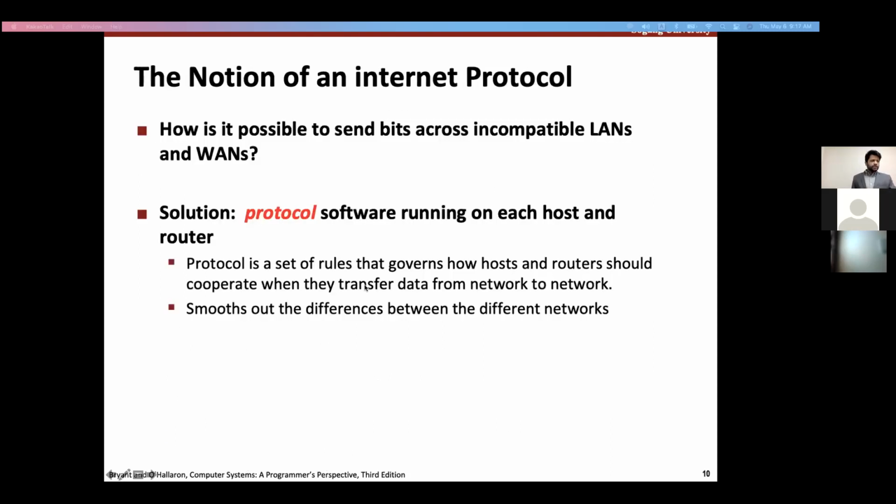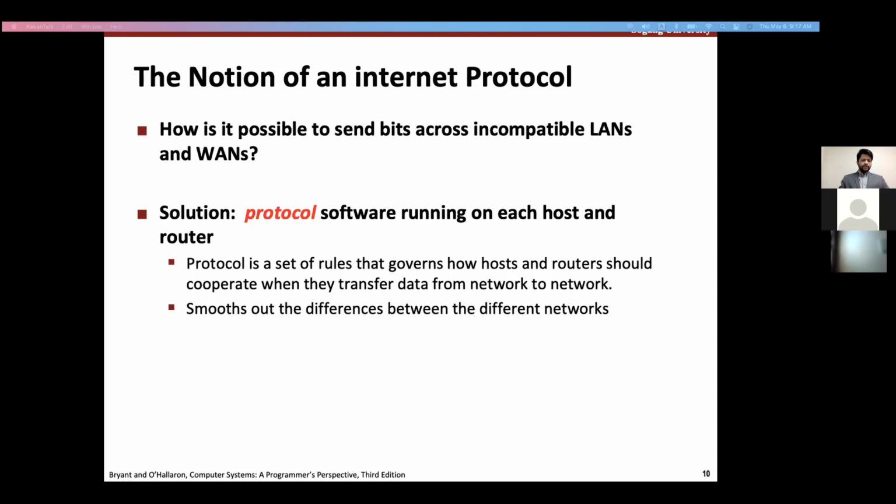So the notion of an internet protocol. We have seen the internet, but it has some internet protocol, and the question arises: how is it possible to send the bits across incompatible LANs and wide area networks, the picture we have seen two or three slides ago? How is it possible for some source host to send data to another destination host across all of these incompatible networks?